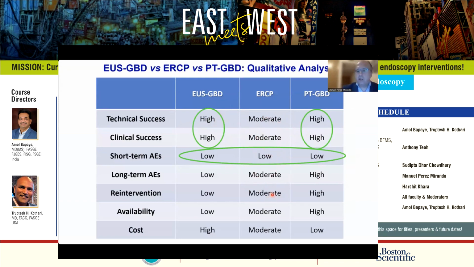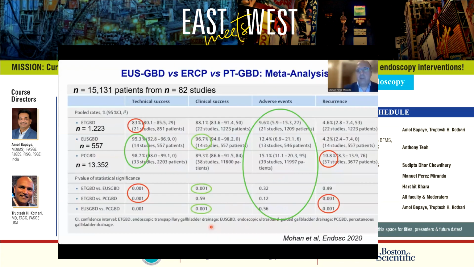In the long term, it is in between the highest recurrence and reintervention rates of the percutaneous, but still not as good as EUS-guided gallbladder drainage. Also, availability and cost are somewhat in between the cheaper and more widely available percutaneous, and the more expensive and less widely available EUS-guided drainage.